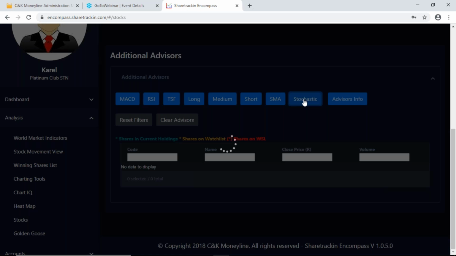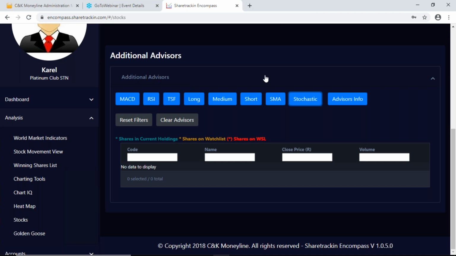And we insert a stochastic. Okay, we just wait for everything to insert.